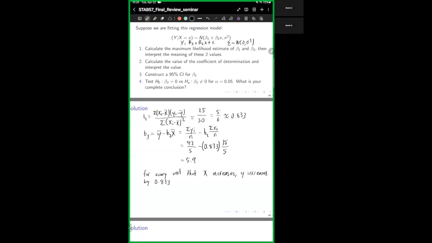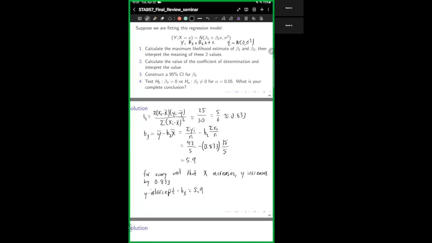Remember, this B2 value represents the slope, and we have the intercept. The y-intercept of this is equal to B1, which is equal to 5.9.